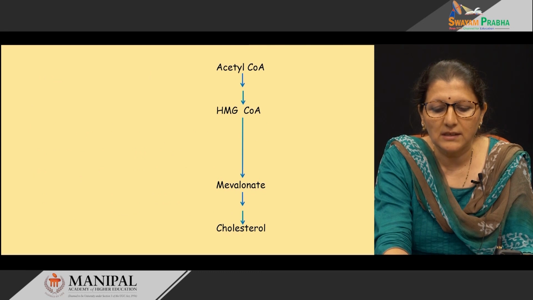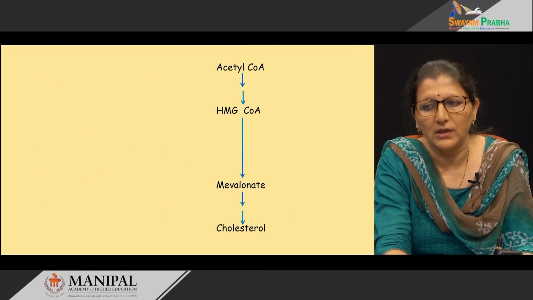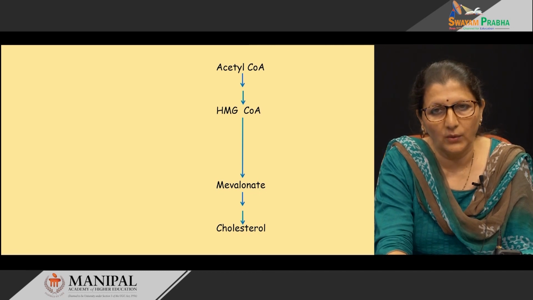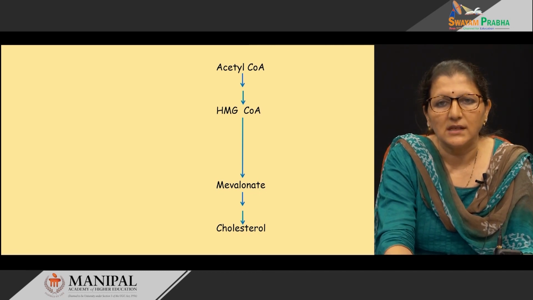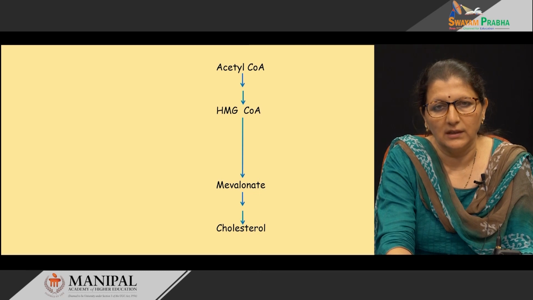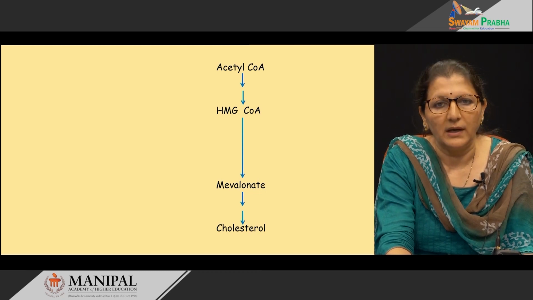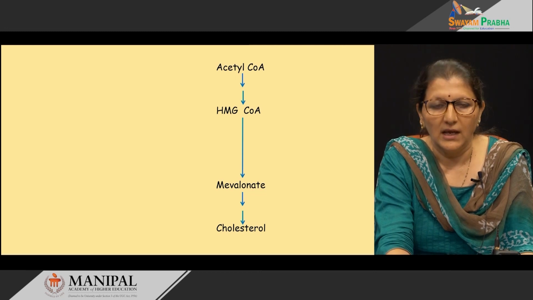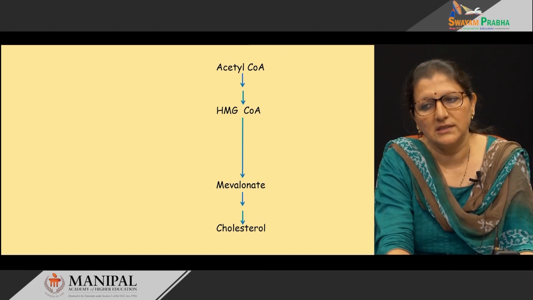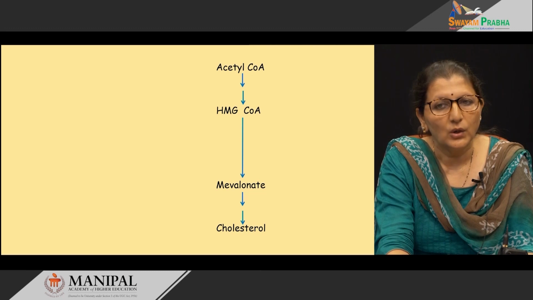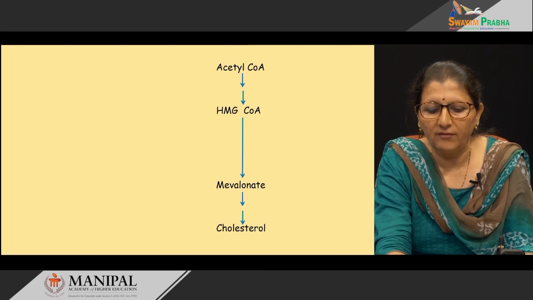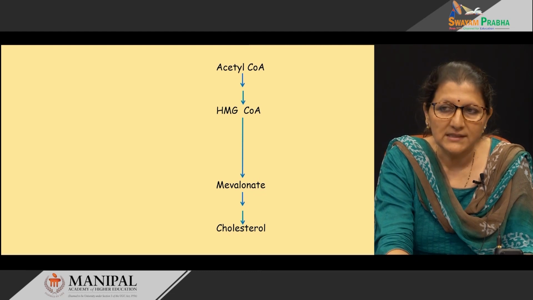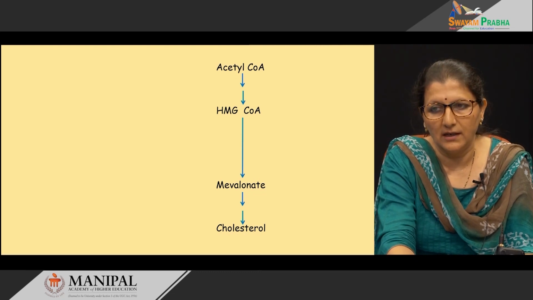So, this is the brief outline of cholesterol synthesis, where the starting material is acetyl-CoA. Acetyl-CoA is converted to HMG-CoA, and HMG-CoA by several steps is converted to mevalonate, and again through many further steps we finally get cholesterol. At what level cholesterol synthesis is inhibited by these statins is to be understood.